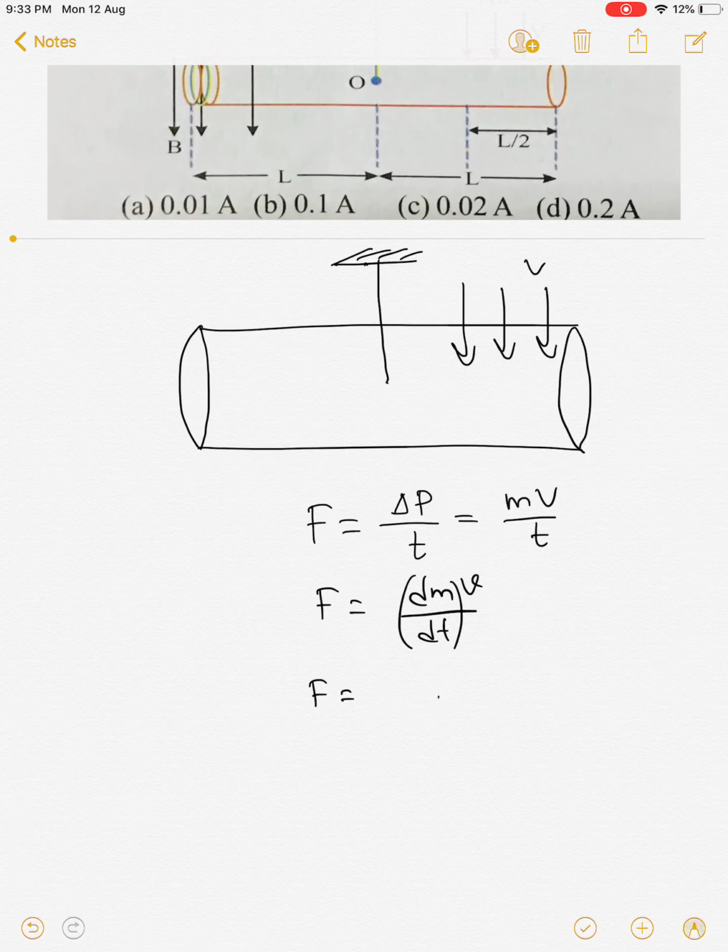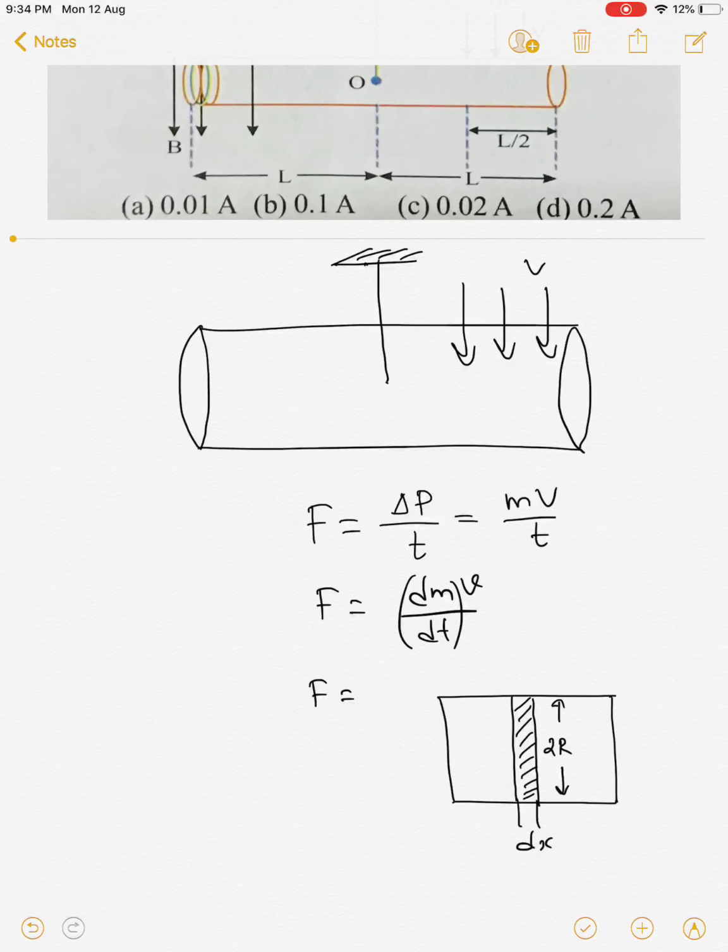If you are just considering the cross-sectional view of this particular cylinder, the area which is perpendicular to the direction of velocity, we can take it as having a length equal to 2r, and consider that the width of this small element we are taking as dx.